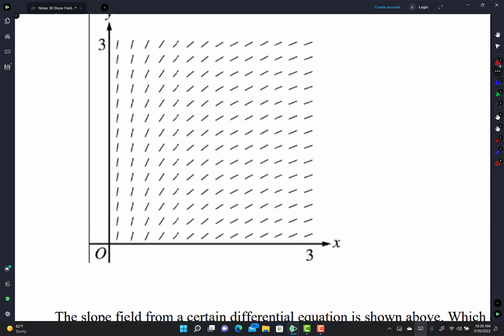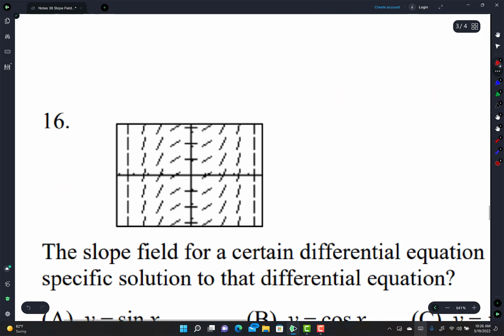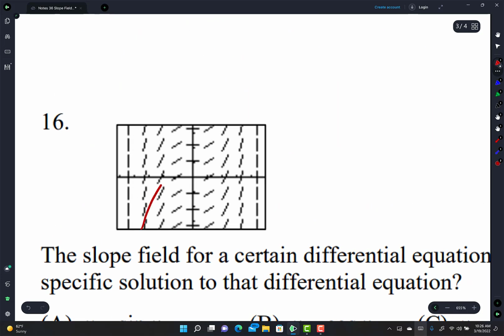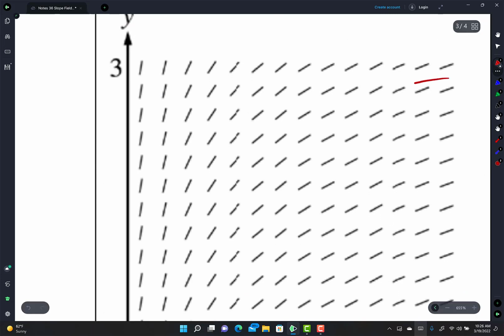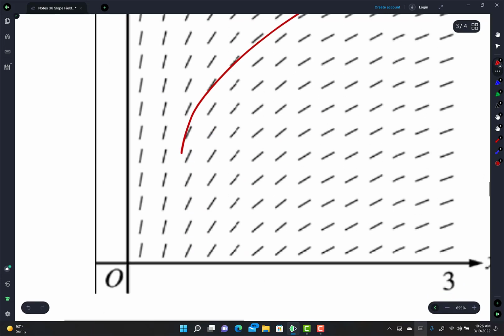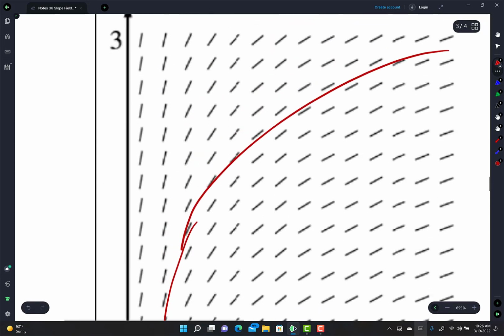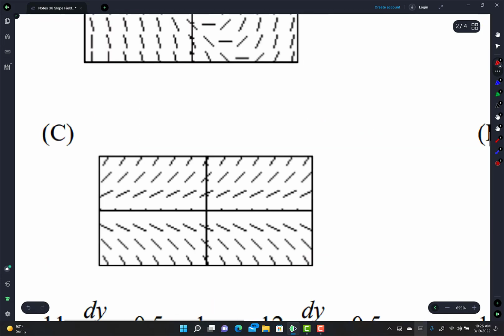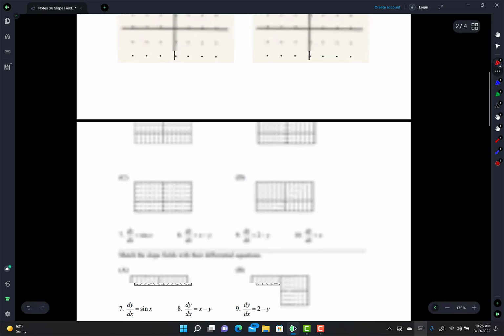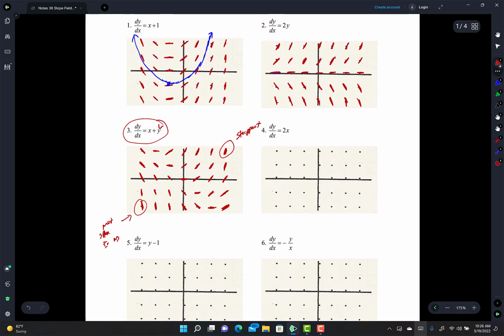You just look at it. I can tell just by looking at it, it's going to look something like that, or a family of a whole bunch of those. You know what I mean? And I can tell by looking at this that it's going to look something like that. So you don't have to be perfect, guys. But I think we got the hang of it. So what do you guys think?